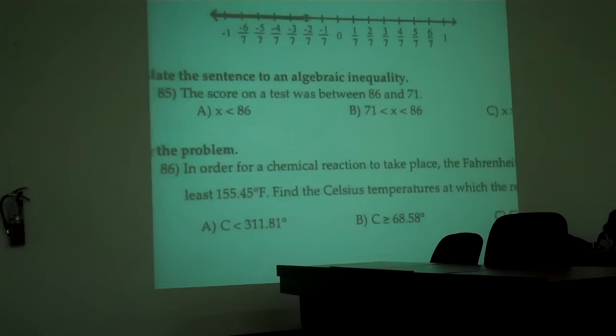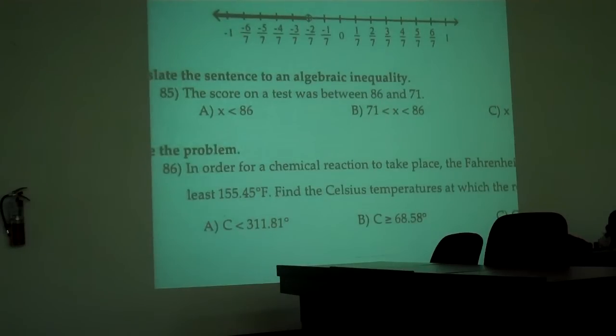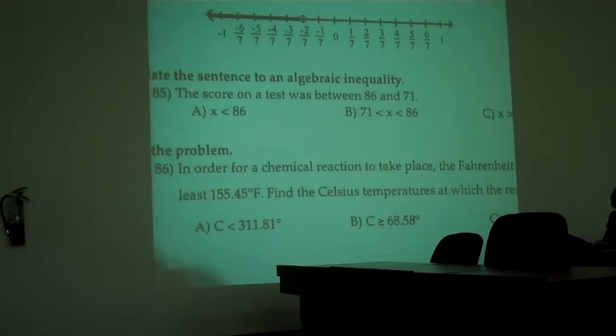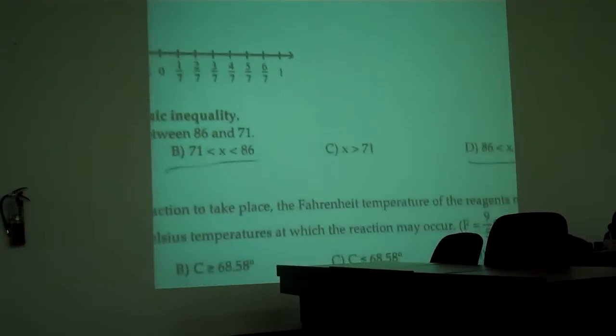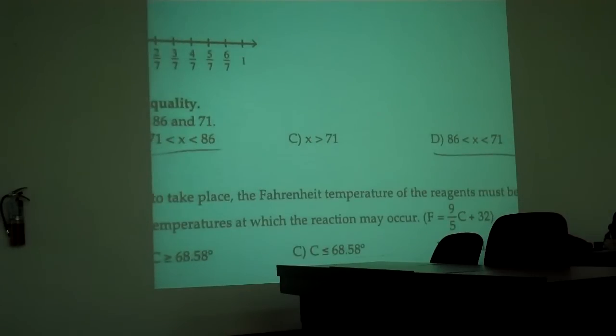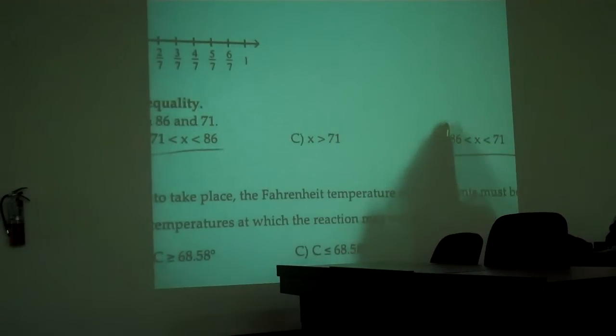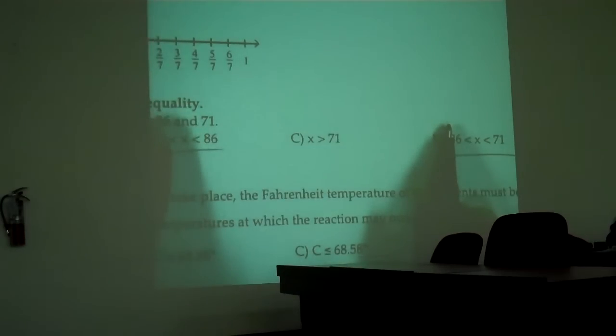Okay, the score on a test is between 86 and 71. It's going to be like this or this. Which one is that? Okay, if you look at the part right here, is it going to be less than 71 or less than 86?